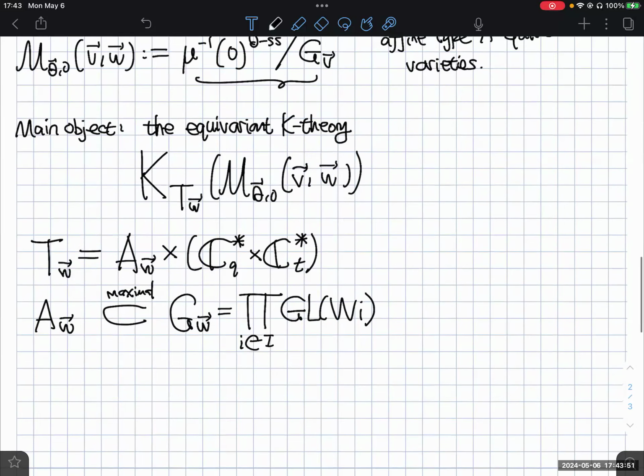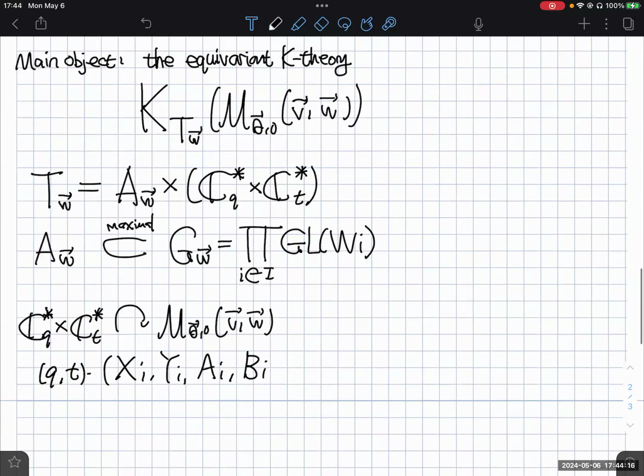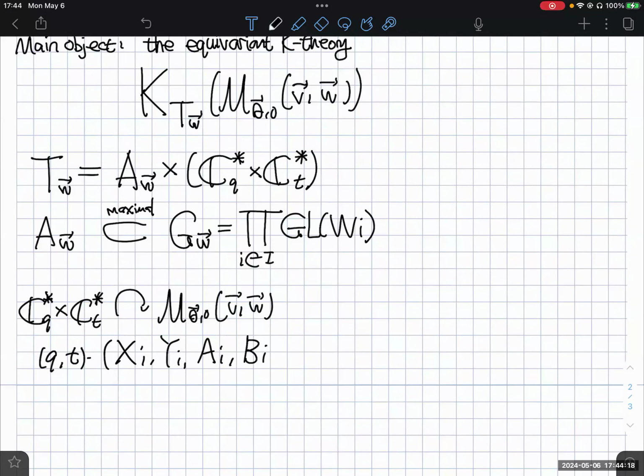And this C star q and C star t act on the quiver variety in the following way.